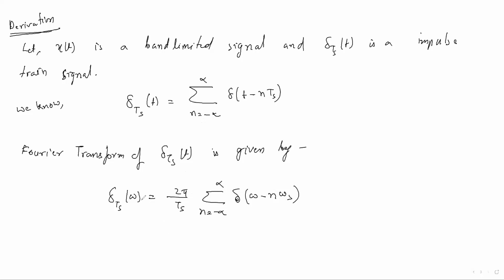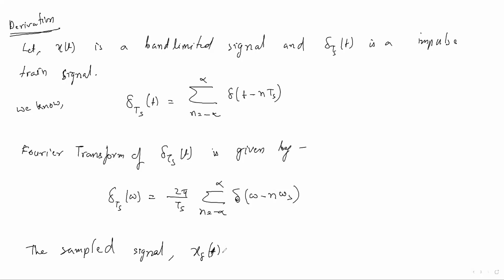So what is the sample signal? We have to find the Fourier transform of the sample signal. But what is the time domain representation of the sample signal? Suppose x delta(t).